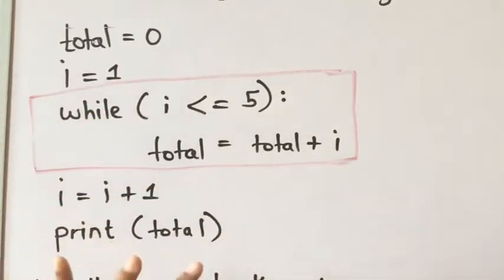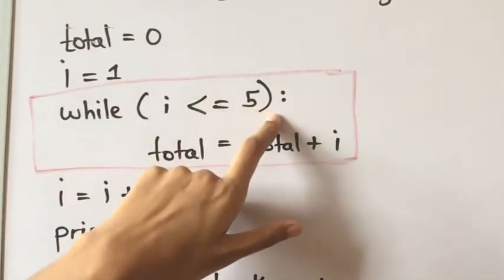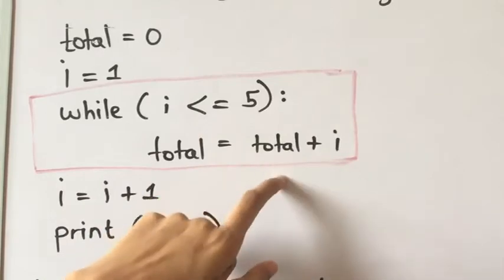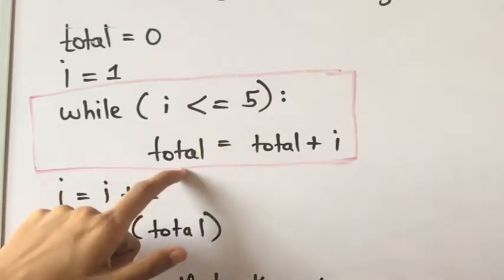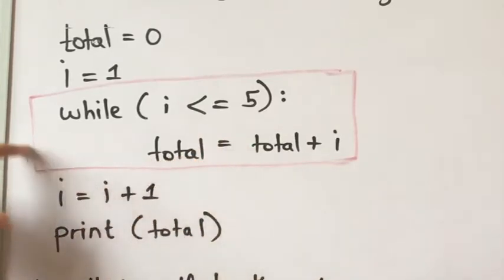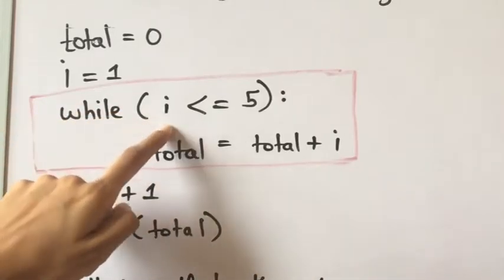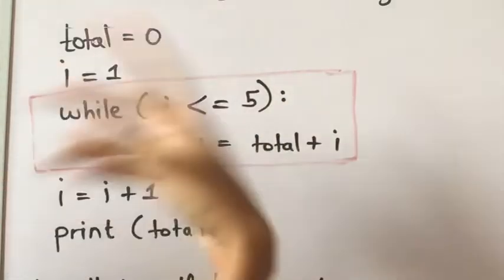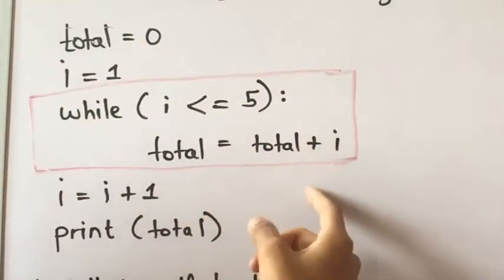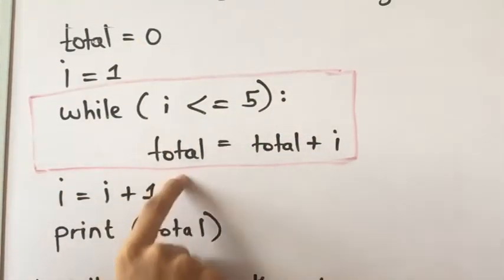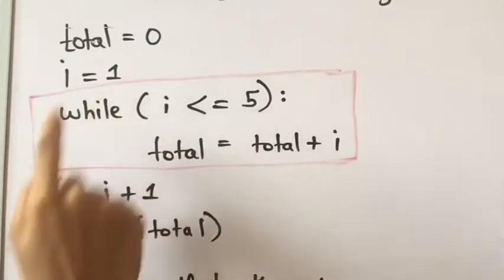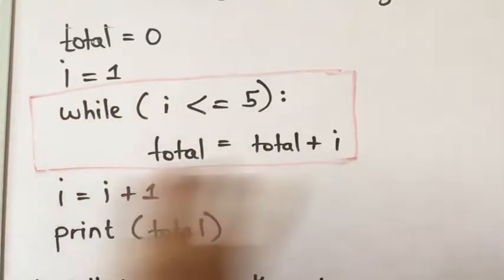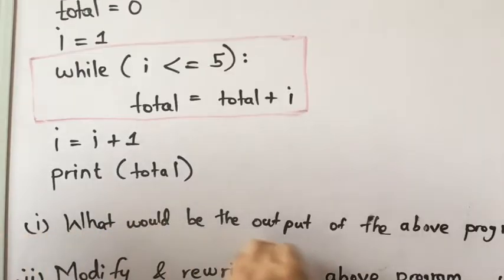I is still 1, so 1 is less than or equal to 5, yes, again it adds 1, so total becomes 2. I is still 1, because we didn't change the value of I. So it keeps on adding 1 again and again. Total is going to be 0, then 1, 2, 3, 4, 5, 6, and it is going to run infinite times.